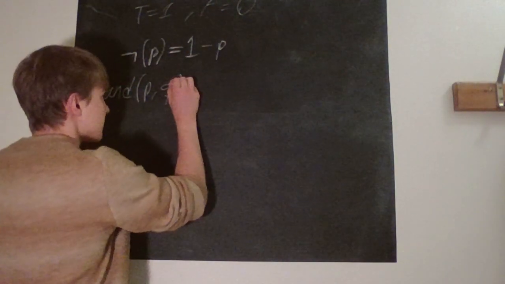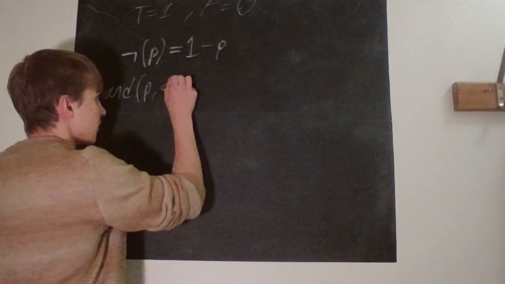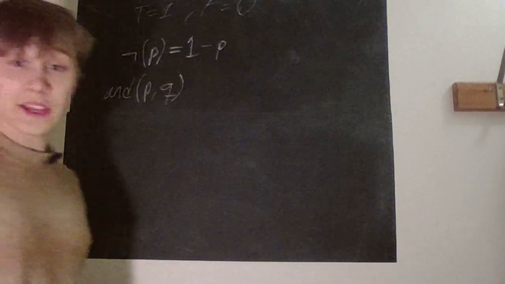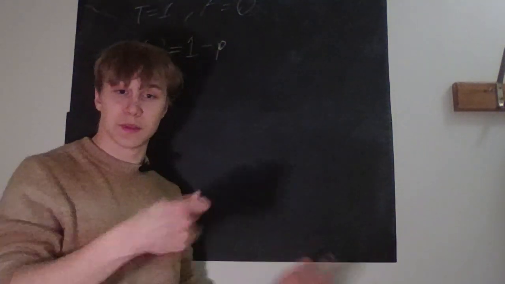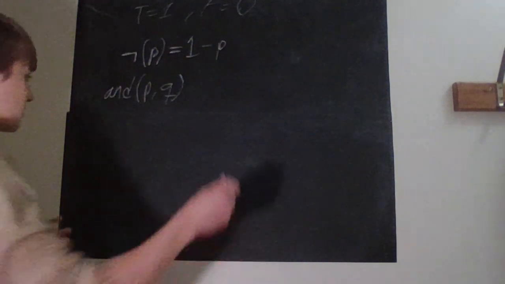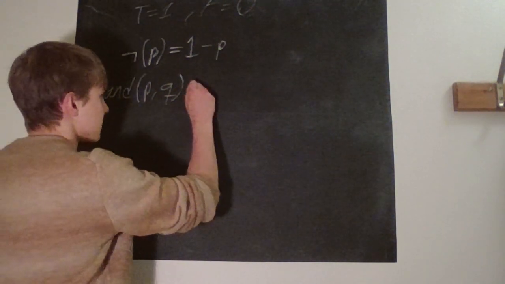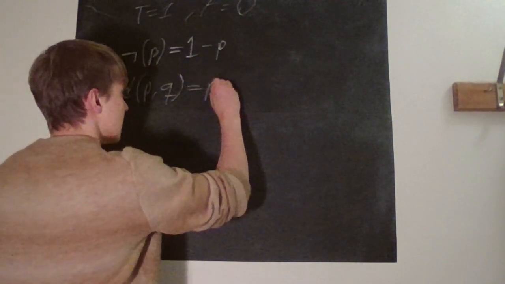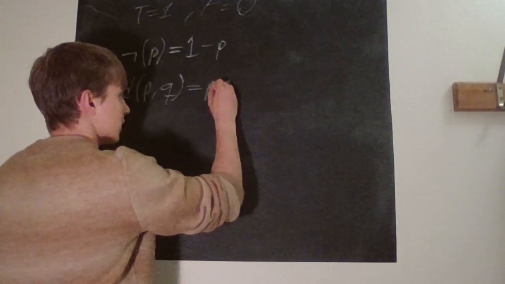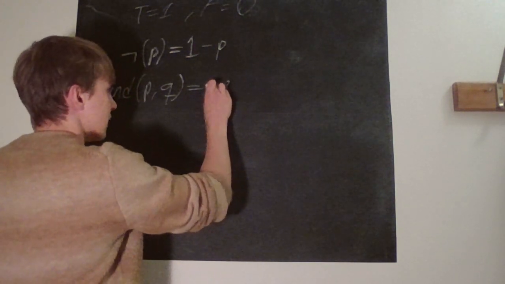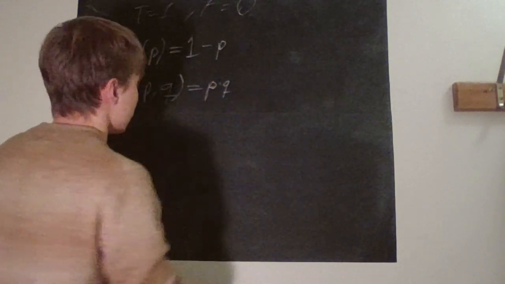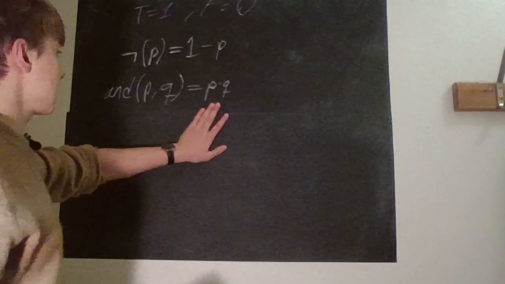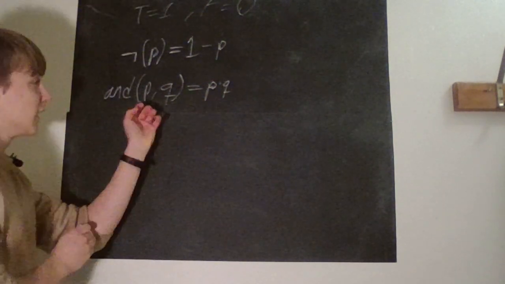So for this, we also just think for a bit, and then you would probably come up with this too. The most simple function for this is just P times Q, because if one of them is 0, everything is 0, and for it to be 1, both have to be 1. So that's just P times Q.